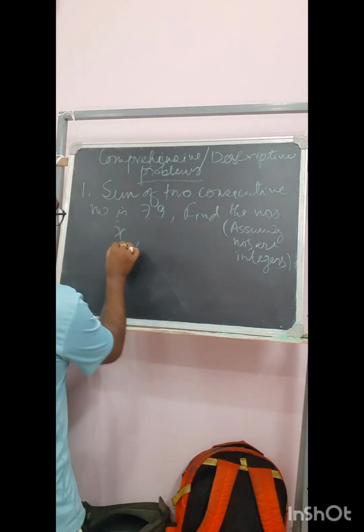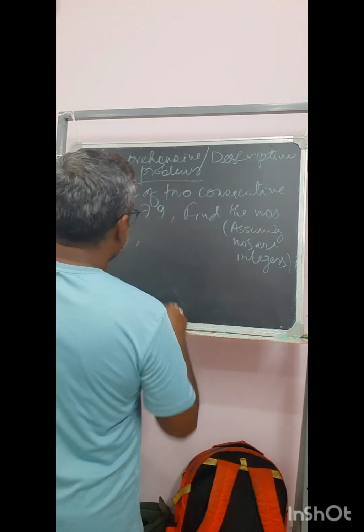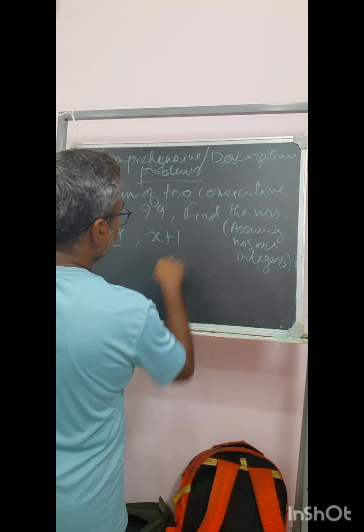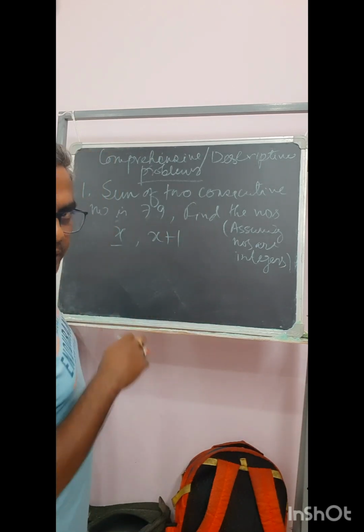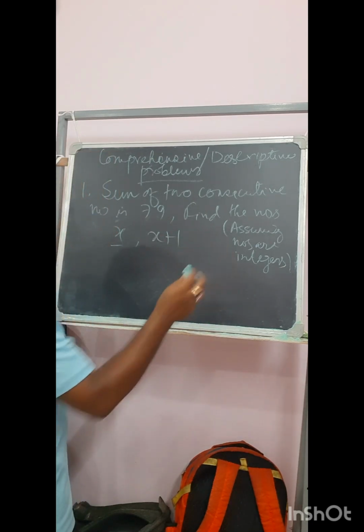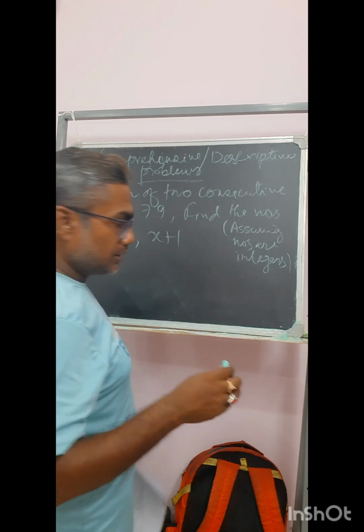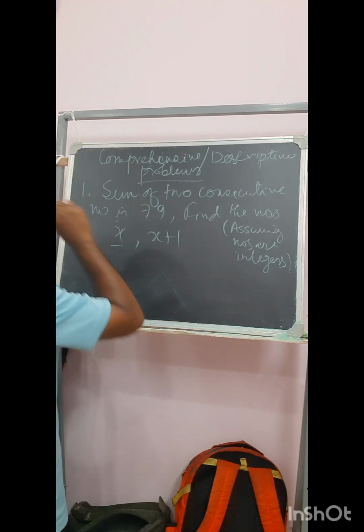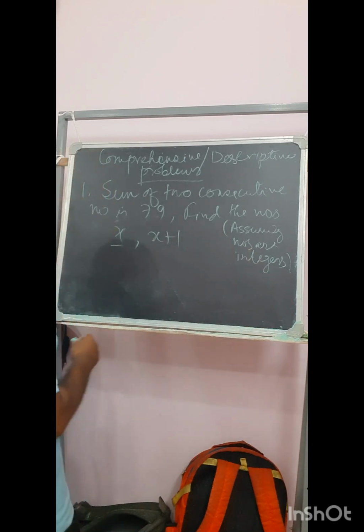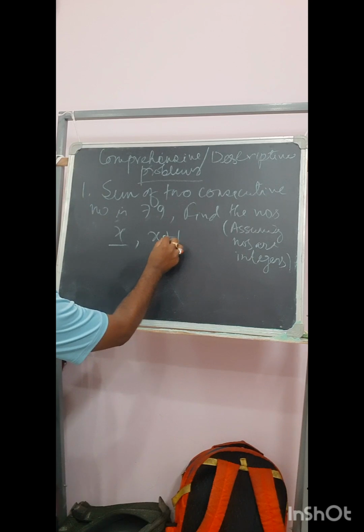So if one integer is x, the next integer should differ by 1. Either you can go back, x minus 1, or you can go forward, x plus 1. This is my freedom, I can take x plus 1, because these are consecutive. It is not told that the earlier number you have to take. So if I assume anything x, the later number that differs by 1 I have to take.